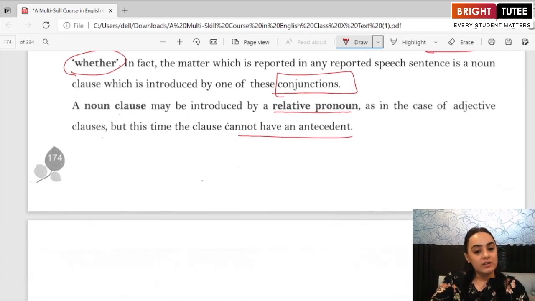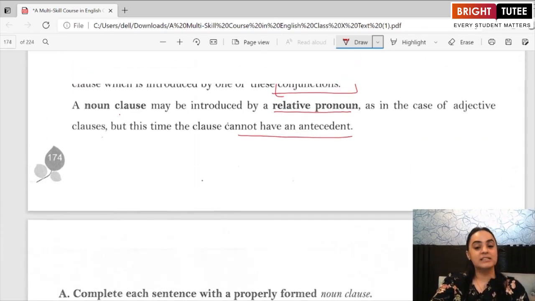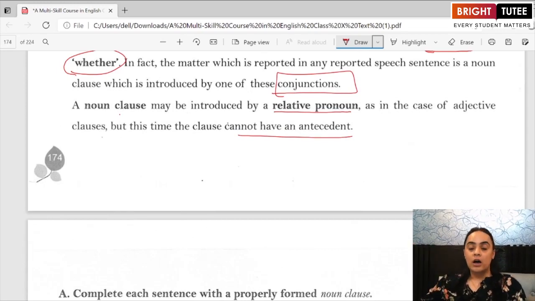So we can even have a noun clause that is introduced or started with a relative pronoun. Relative pronouns such as who, whom, where, which, these are all the relative pronouns.